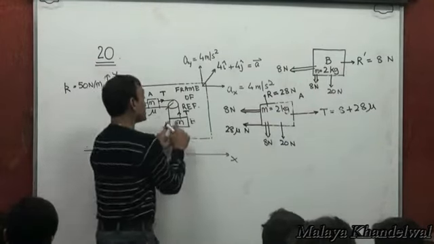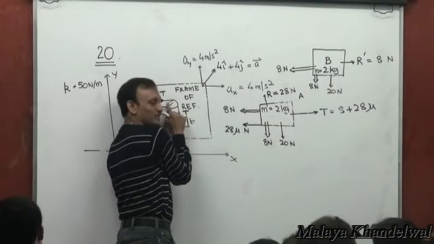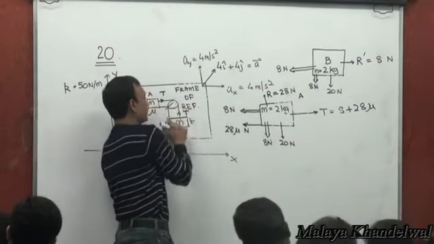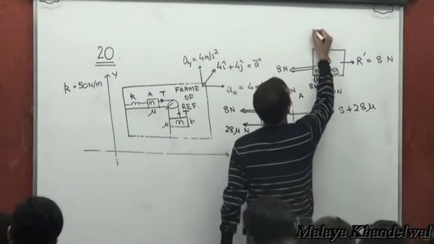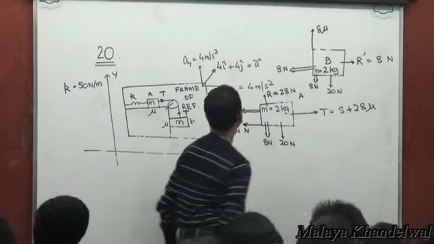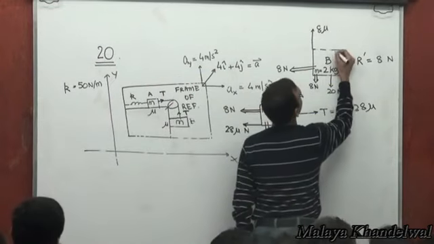Now, it has a tendency to slide down. Maximum static friction will act upwards. That means mu times 8 will act upwards. And then, of course, there is tension T acting upwards.